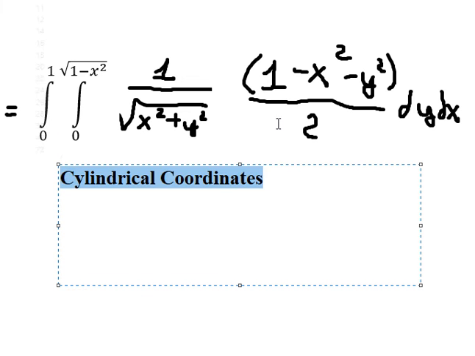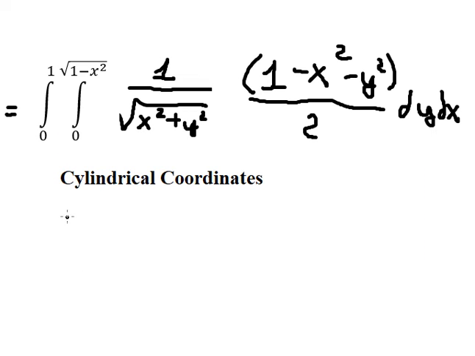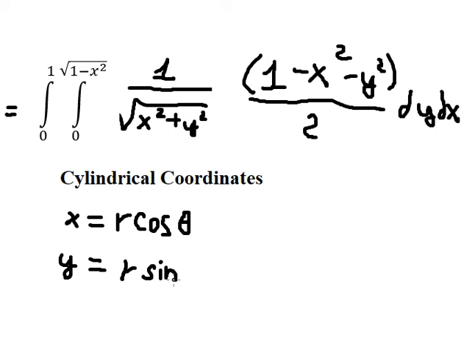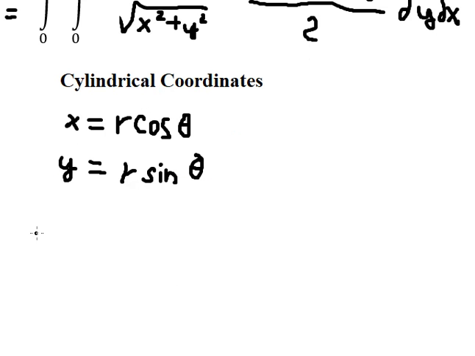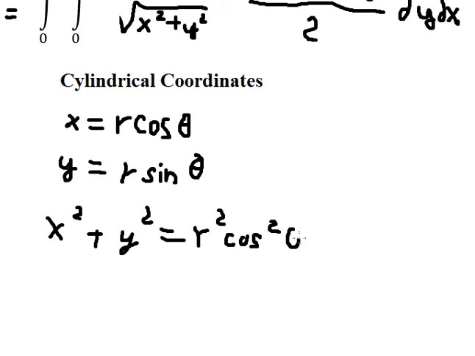So in this one, we can use about x equals r cosine theta, y equals r sine theta. So x squared plus y squared equals r squared cosine theta squared. So I will put this one on here, and this one on here.